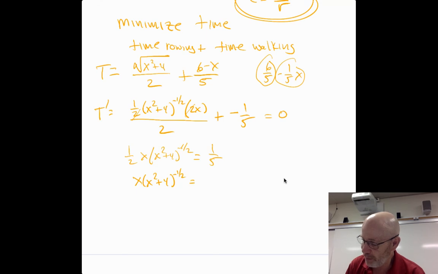I'm going to multiply both sides by 2, so we get 2/5. I should have maybe divided by x first. I'm going to write it like this so you can see it better: x over the square root of x squared plus 4.